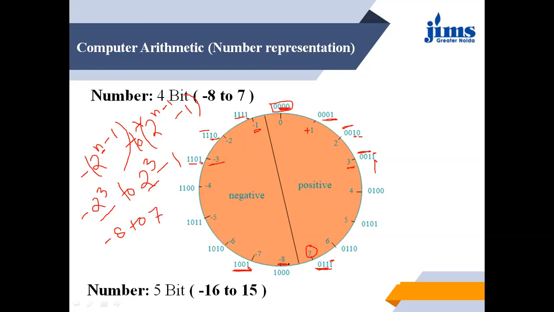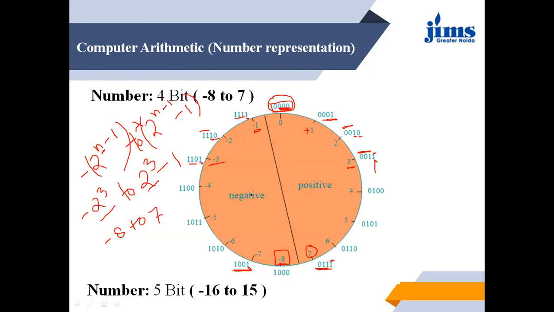And the second thing that we discussed is that in 2's complement the representation of 0 is only 1. The representation of plus 0 and minus 0 is only 1.